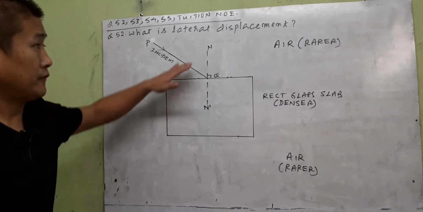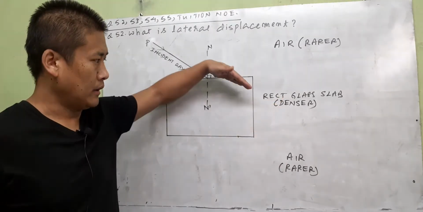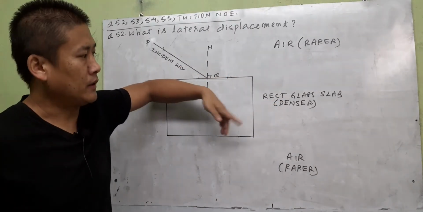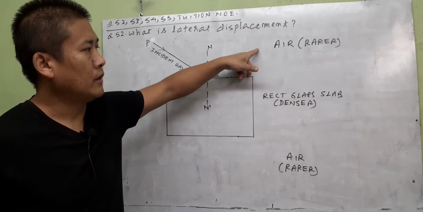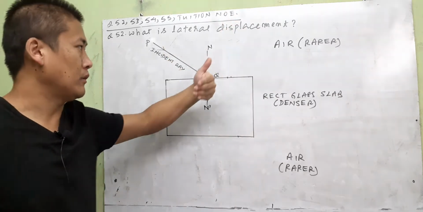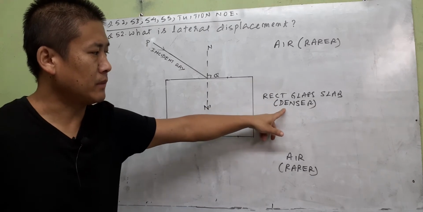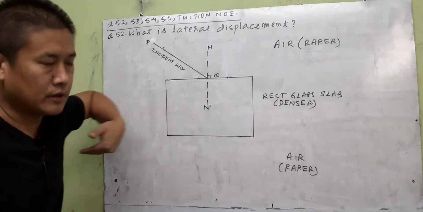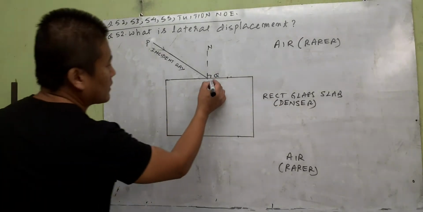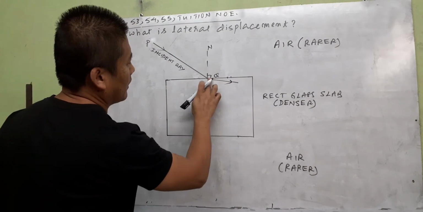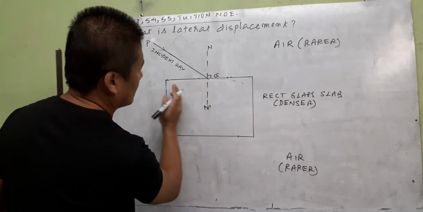Now, as it enters from rarer to denser, we know that the ray bends towards the normal. If it enters from denser to rarer, it bends away from the normal. A ray entering from a rarer medium like air into a denser medium like glass will bend towards the normal, towards this line.